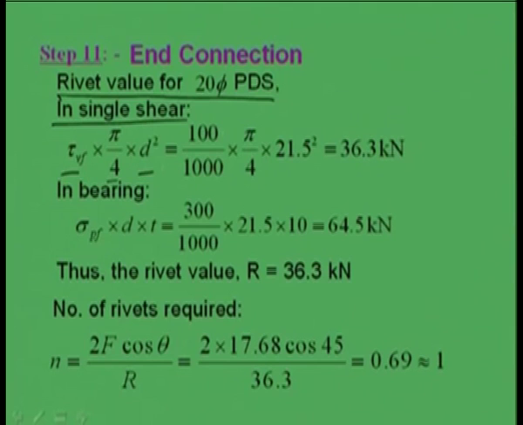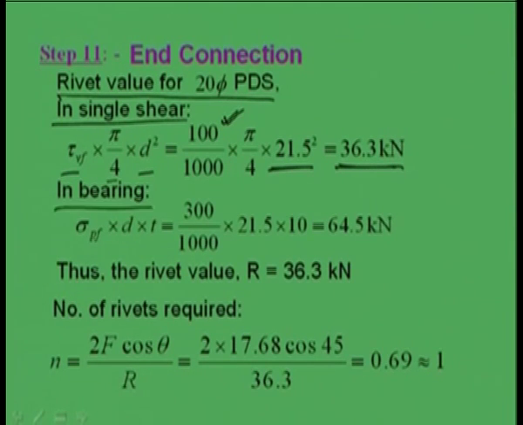Now, tau Vf, the allowable shear stress, is 100, right, and gross diameter is 21.5. So, we can find the rivet value for single shear as 36.3 kN.